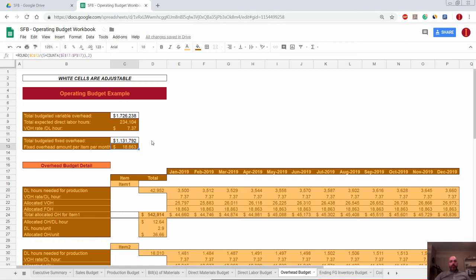Fixed overhead gets treated a little differently. It is basically getting allocated. Every item has its own chunk of fixed overhead. So what we did here is take this fixed overhead amount and divide it by the number of months, which is 12 of course, and the number of items, 5. So divided by 60. You can see the formula here.